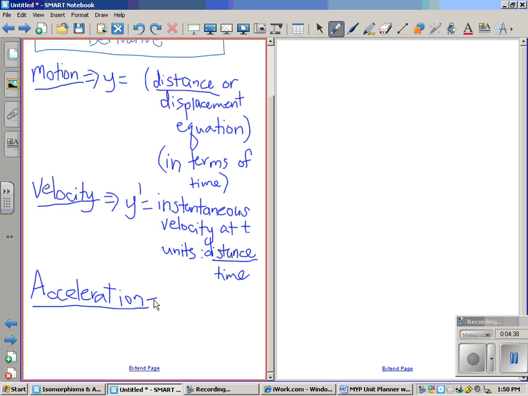And that is given by taking the second derivative, because you're finding the rate of change of the prior equation. So this is the instantaneous acceleration of the object.